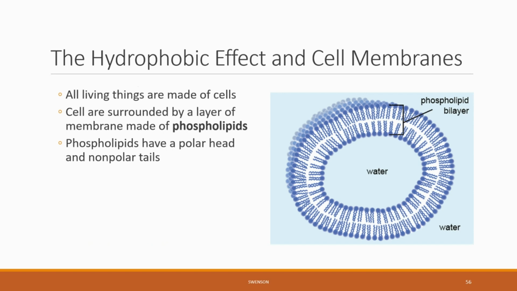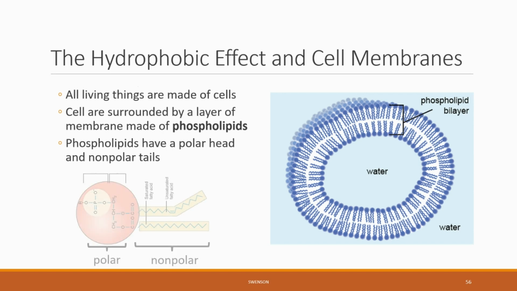We'll get into the detail later about what a polar head and nonpolar tail is made of at the atomic level. But essentially, the polar head has what we call a phosphate group on it. It has oxygens, and that makes it negatively charged. The nonpolar tails are hydrocarbons. They don't have much of a charge to them, and because they're not very polar, they're very neutral.